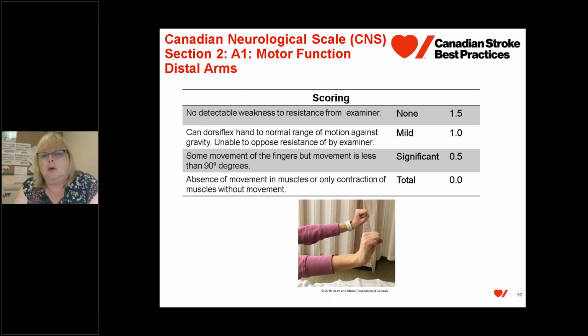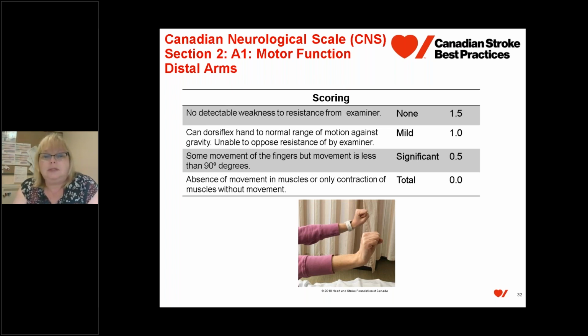In this situation, what would differentiate a significant versus a mild weakness in the distal arms is, in a significant weakness, there's some movement of the fingers, but movement is less than 90. The patient is not able to dorsiflex their wrist to 90.